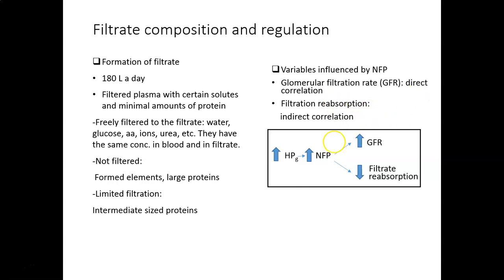So that's the indirect reason why an increased net filtration pressure results in lower filtrate reabsorption. That means the less you reabsorb, the more urine you generate. You are going to increase the urine output.